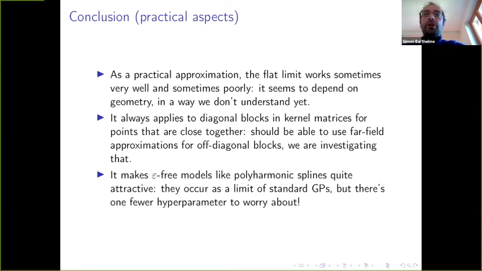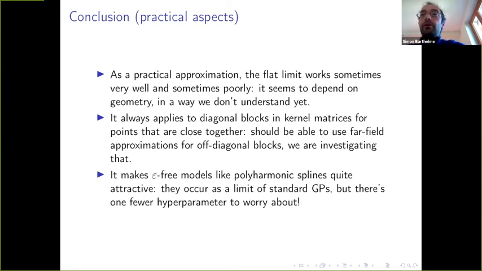Now, one last thing that I think is important from a practical point of view. Polyharmonic splines and polynomial basis functions have something interesting, which is that they're epsilon free. You don't need a scale parameter, and so that's one less thing to worry about when you're doing fits.